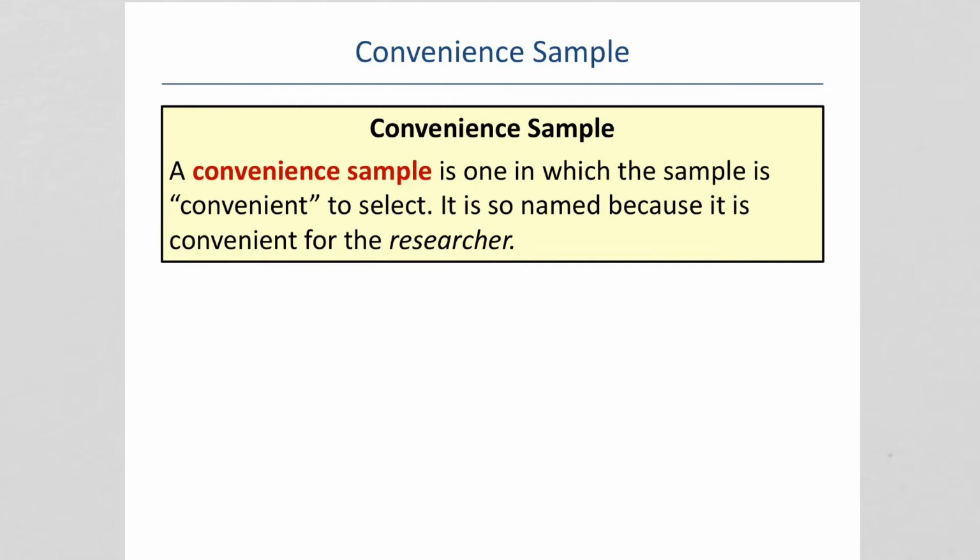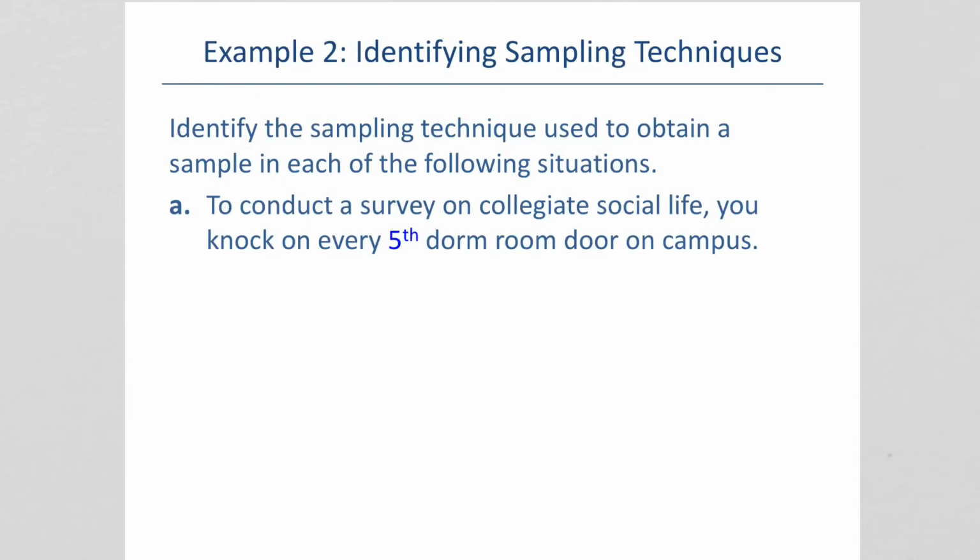So like surveying the students in my classroom instead of the entire college campus would be convenient, as long as it's a representative sample, meaning it is similar to the entire population.